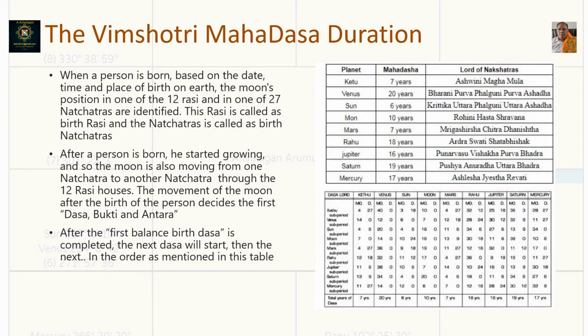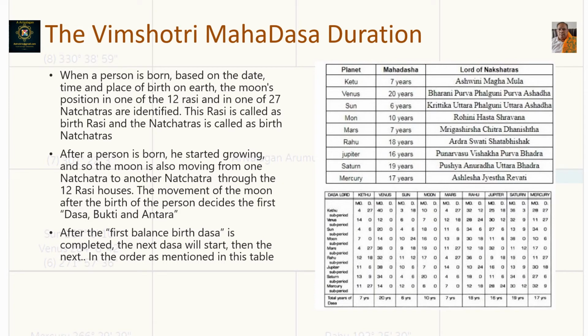Now, when a person is born, based on the date, time and place of birth, the moon will be in one of the 12 rasis, and within that rasi it will be in one of the 27 Natchatras. So we have to know which rasi the moon is located in and which Natchatra.